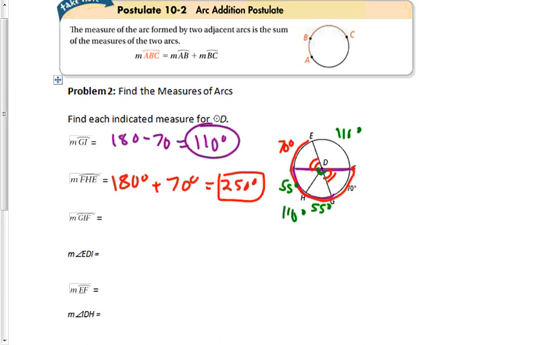So arc GIF, that is the major arc with everything other than the 70-degree angle. So it'd be 360 minus the 70 degrees, which is equal to 290. It's getting kind of hard to see with all my arcs drawn on here.